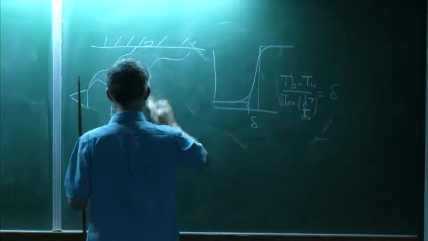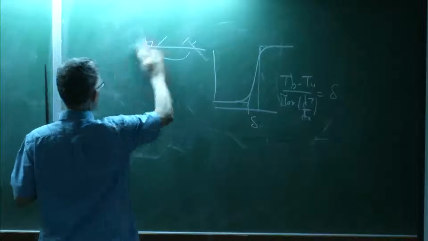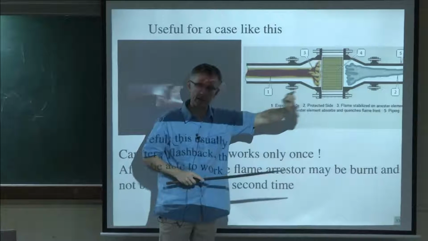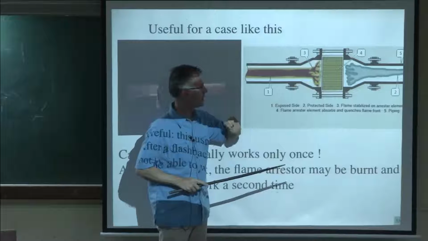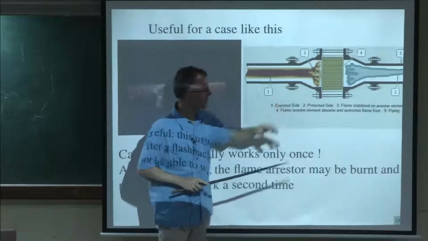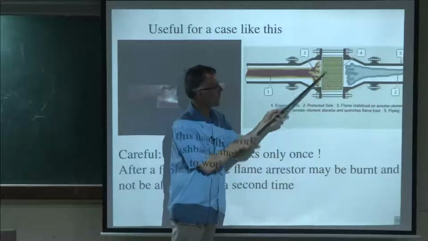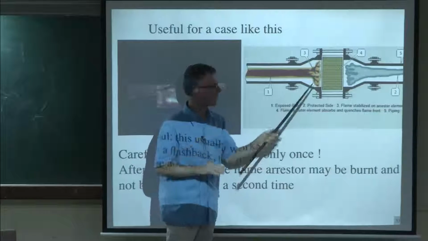How does it work? It's using exactly what I said, but it's done in such a way that the tubes here are not only small, they're also long, to make sure that the flame cannot, by some chance, jump to the other side. And the system is also built in such a way that these things are not going to burn. They're going to stay there.